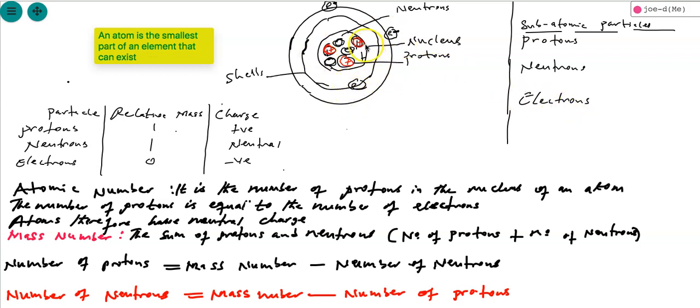An atom consists of a central portion which contains protons and neutrons. So here we have our nucleus, which contains the protons, which I'm indicating with red color, and neutrons. Now, surrounding the nucleus are the electrons, which orbit in shells around the nucleus.